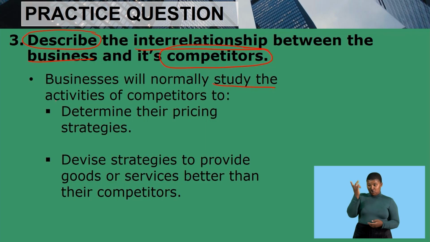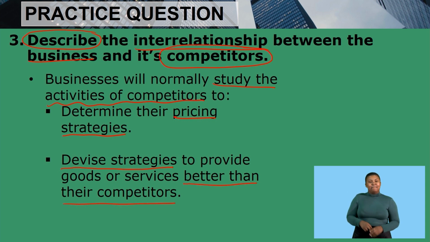So what must we as a business do? The business must usually study the activities of the competitors. We want to know what the competitors are doing. So we want to take a look at their pricing strategies. If they are having lower prices or a sale, we want to compete with that. So maybe we'll lower our prices or have a sale. We must also devise strategies so that we can provide goods or services better than our competitors.